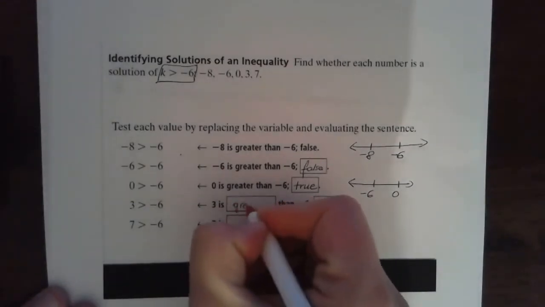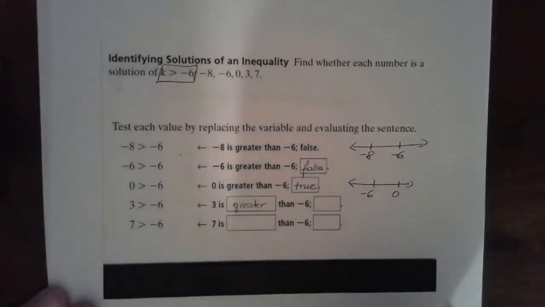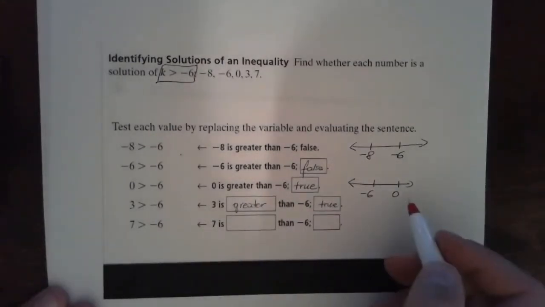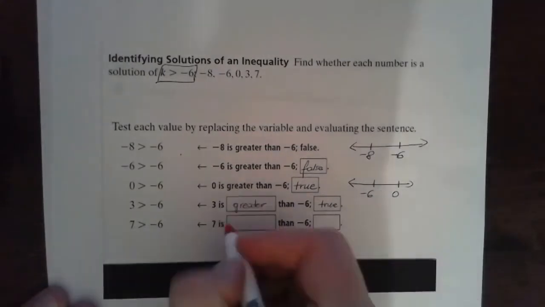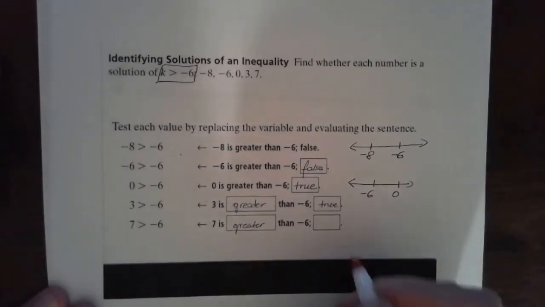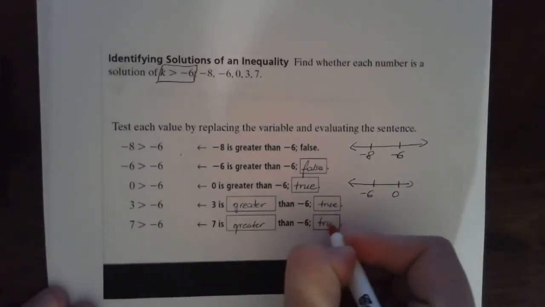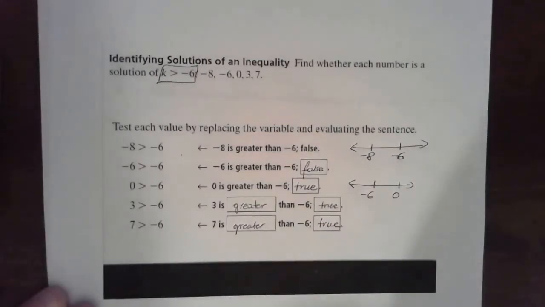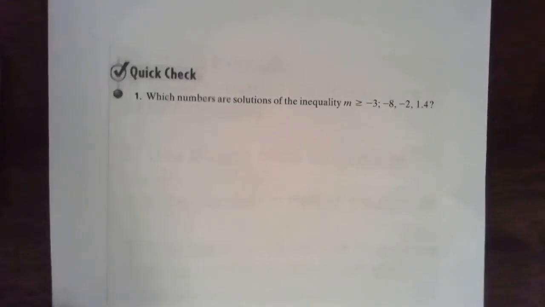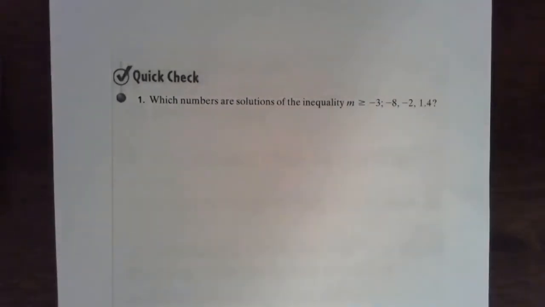Then -6, that's true, for the same reason as above. And 7 is also greater than -6. That's also a true statement. Okay, that's how you go one by one checking if this is true. So go ahead and check those. This is for you. You can pause it and try it, and good luck.